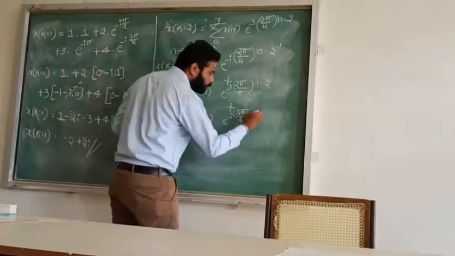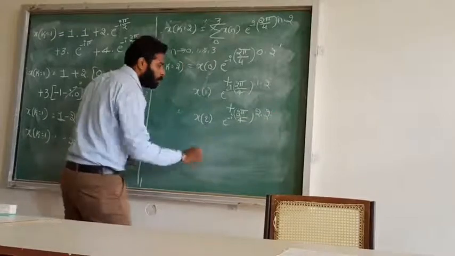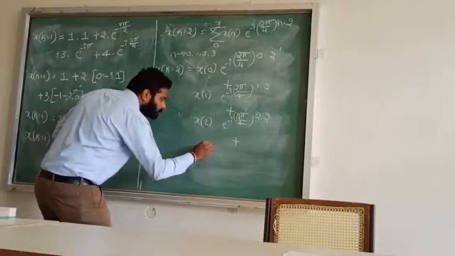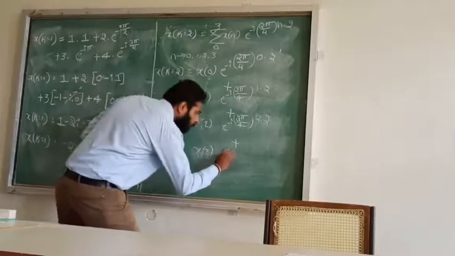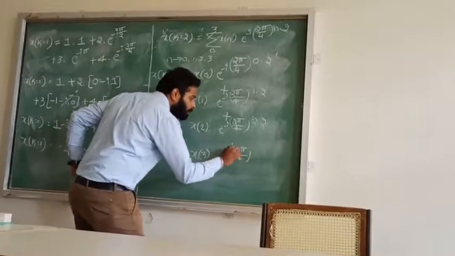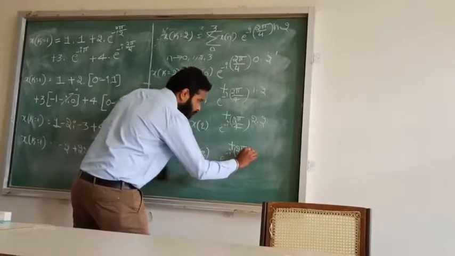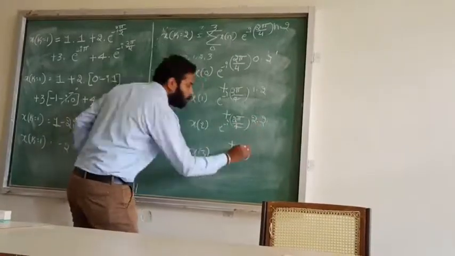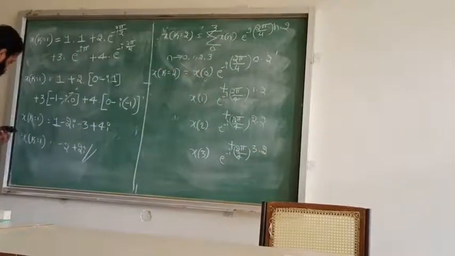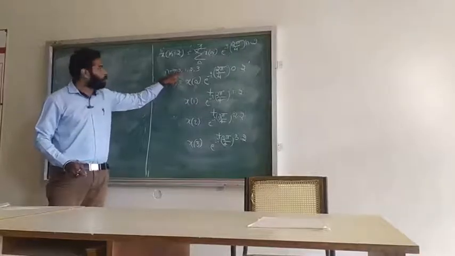Now n is equal to 2, so 2 into 2. Plus x of 3 e raised to minus i 2 pi divided by capital N into n into k, so 3 into 2. 0, 1, 2 and 3.